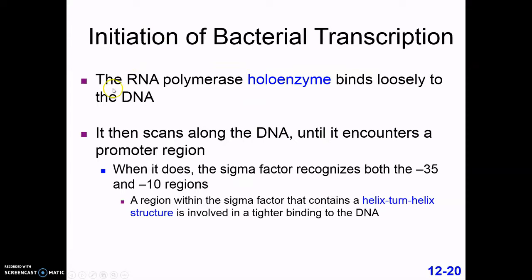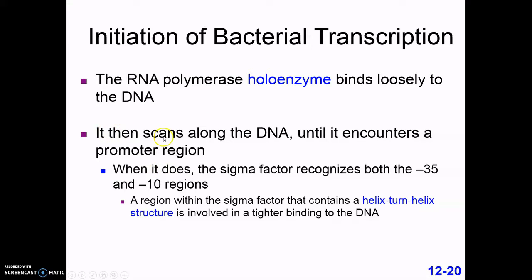All right, so the RNA polymerase holoenzyme is going to loosely bind to the DNA. And this has the ability to move forward and backwards along that DNA, kind of like a shower curtain on a shower pole, right? So it can just move back and forth, or curtains on a curtain rod.